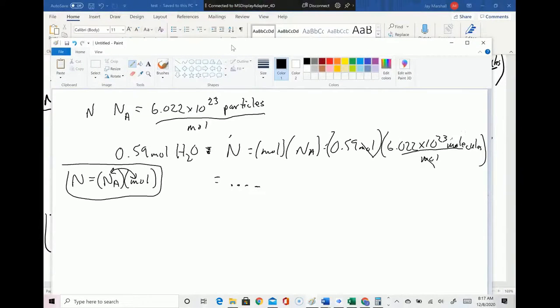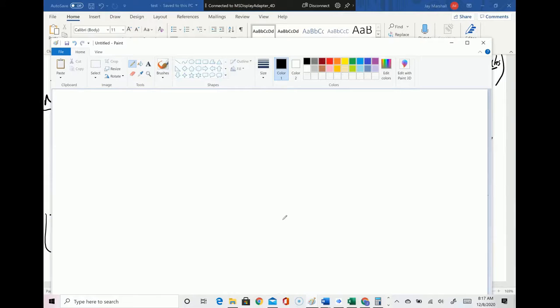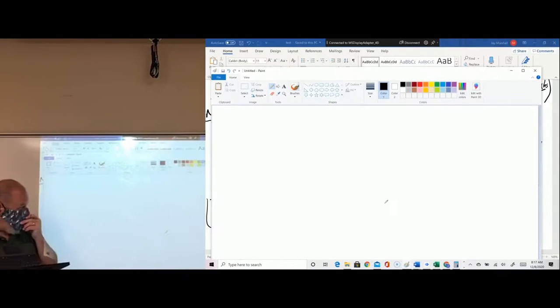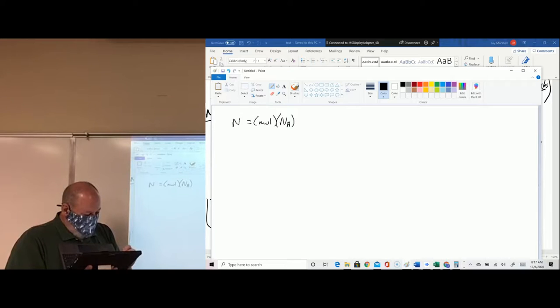So if I give you a number of particles, you'll have to be able to rearrange this formula, N equals moles times NA, so that you isolate moles. All you would need to do is divide both sides of the equation by NA.